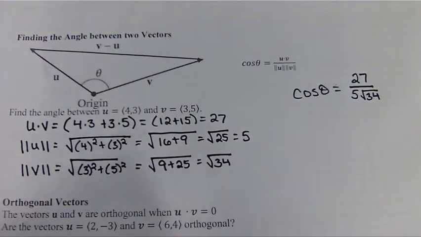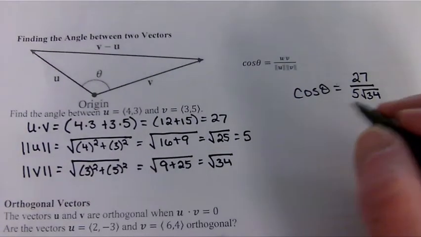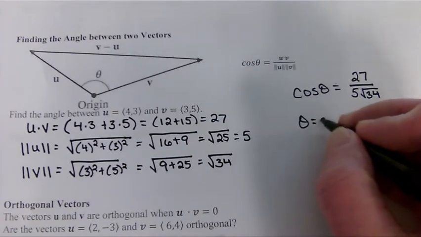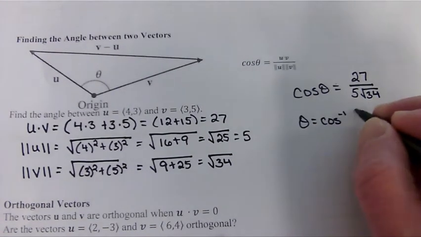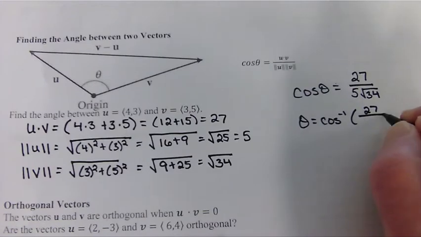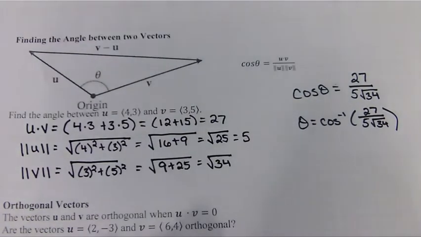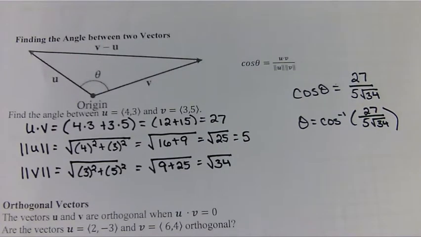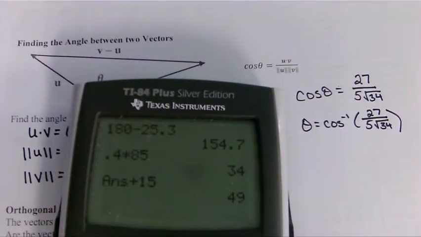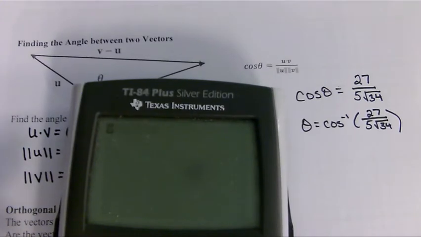Now, how do I work backwards to find that angle? Well, we're going to use inverse cosine. So, inverse cosine.